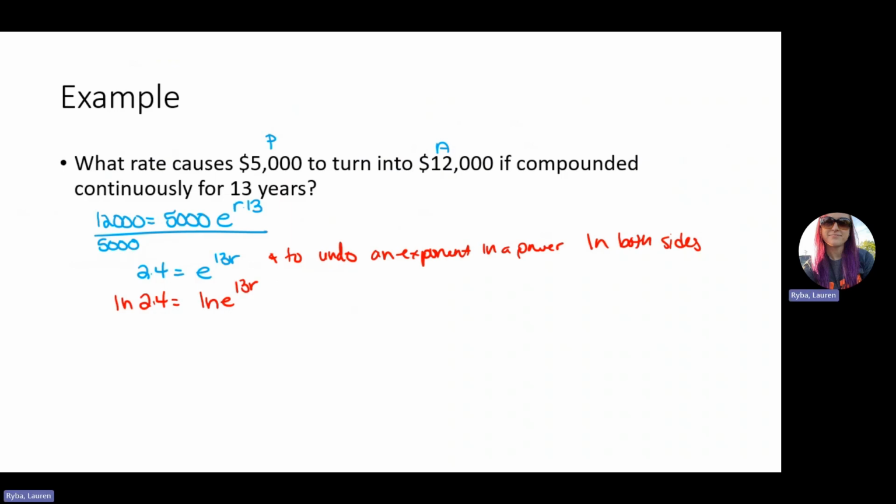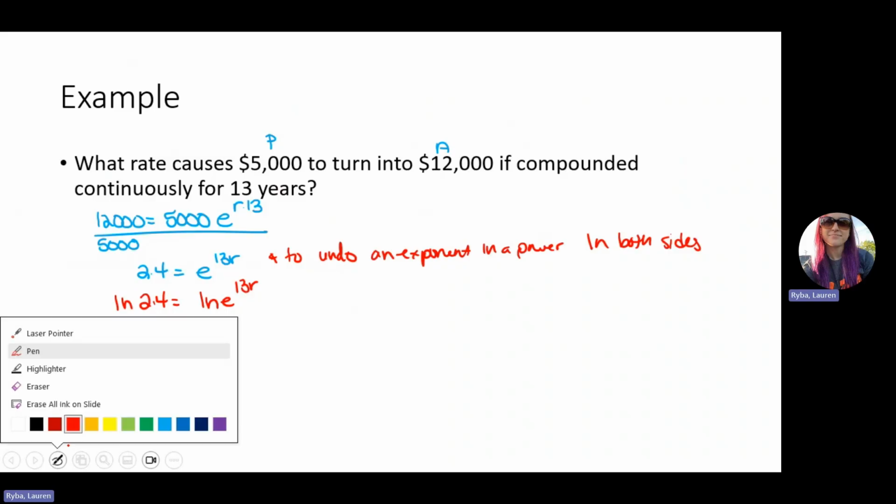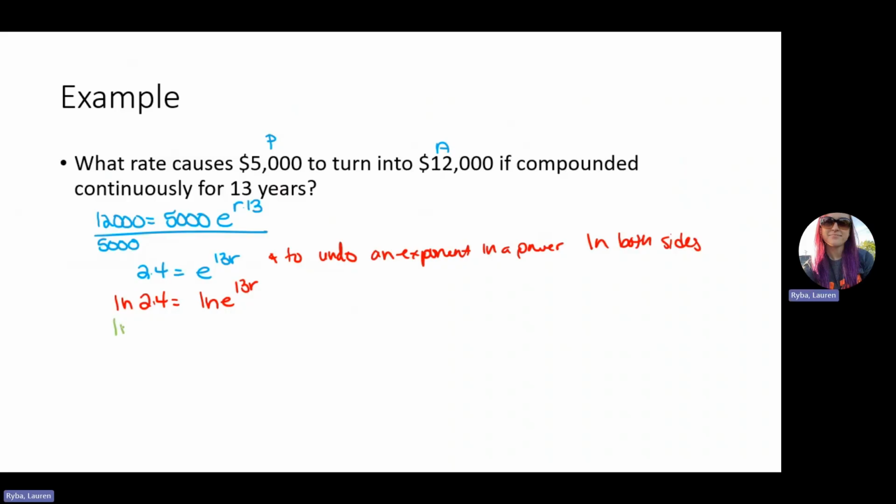Why did we do that? Well, there's a property that if your log has an exponent, that value can come down front as multiplication. So this can then be the natural log of 2.4 equals 13R times the natural log of e. Okay, so this is the property that a power in a log can come down as multiplication.